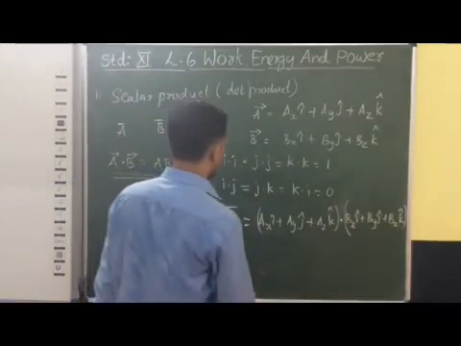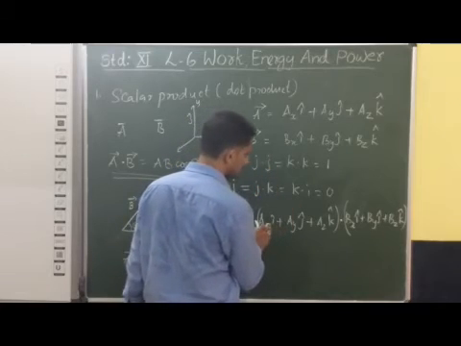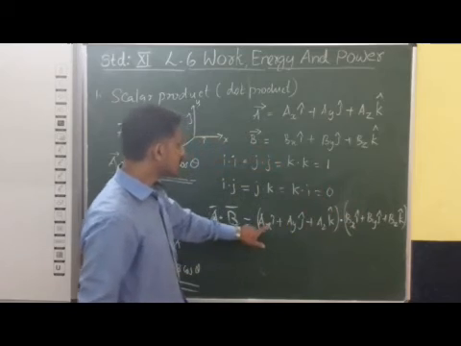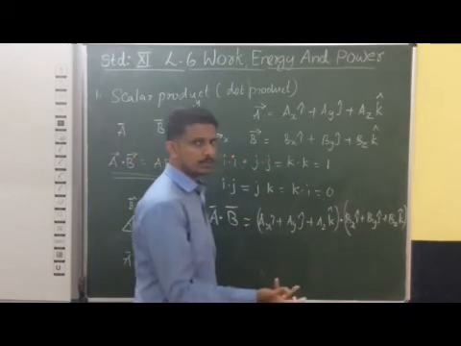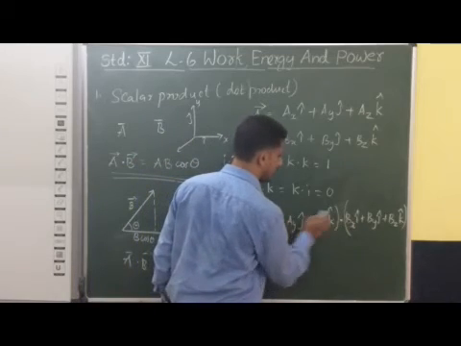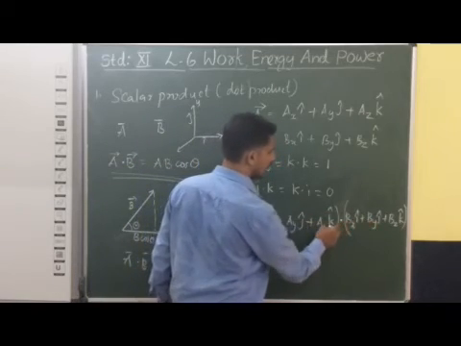Now if we take the dot product between the two vectors, we consider only AX i with BX i, because any other terms will be 0. We have to consider only the dot product of the same unit vectors: i and i, j and j, k and k.